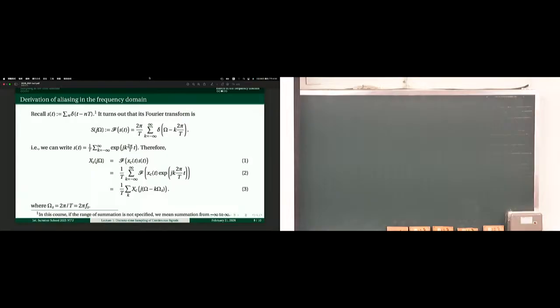If you take the Fourier transform on both sides, then we find that the spectrum after sampling will equal the Fourier transform of this entire thing. But let me perform a few tricks. To get to that expression, we need to rearrange a few terms.